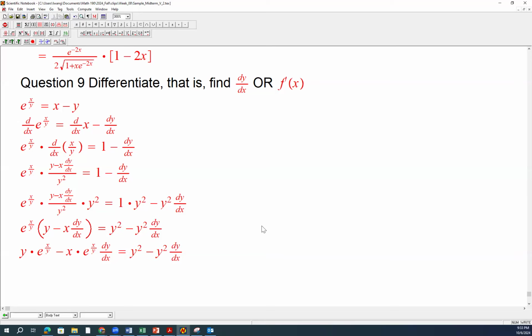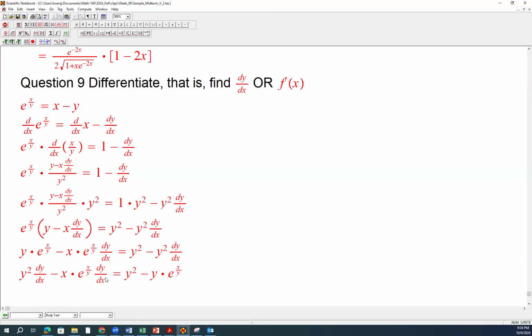Now everything is separated. So we're going to bring dy dx terms together, and terms without dy dx on the other side. So bring this term to the left, subtracting this piece. On the right-hand side, it was just the y squared, subtracting this term that's without dy dx.